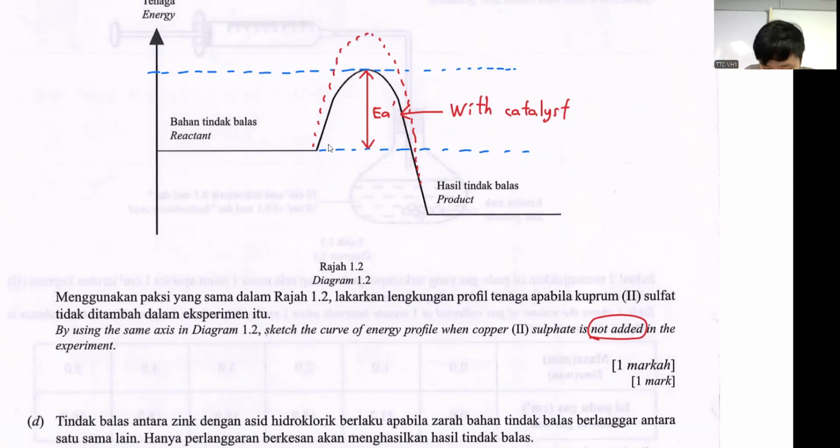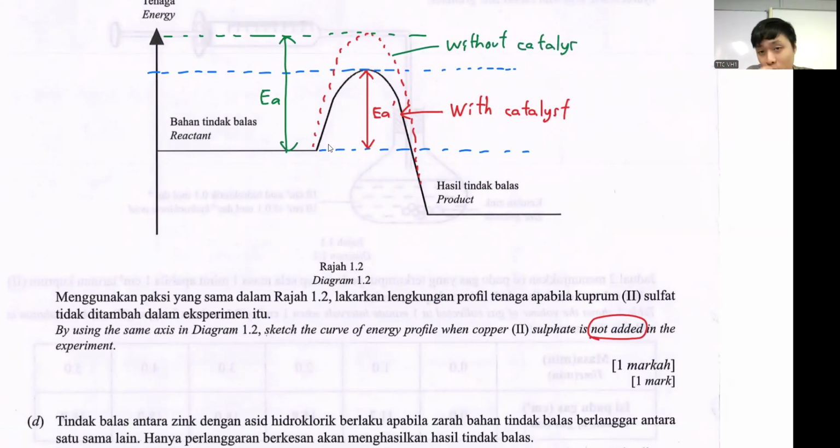Now, label. This is EA. Now, EA is without catalyst. Dotted, dotted is better.